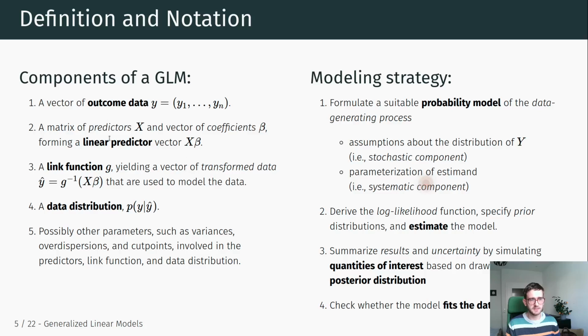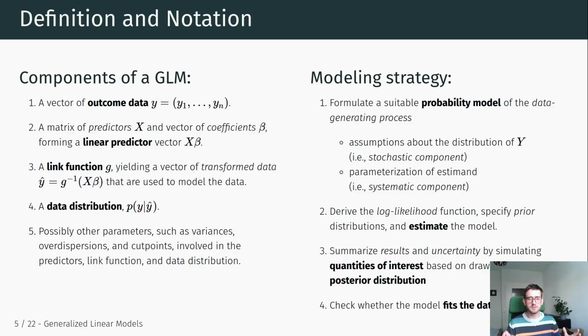This is focusing on the linear predictor as well as the underlying link function, linking the linear predictor to our data distribution. Once we have defined our underlying probability model, the stochastic component and the systematic component, we can derive our log likelihood, we can specify our prior distributions, and ultimately estimate the model.